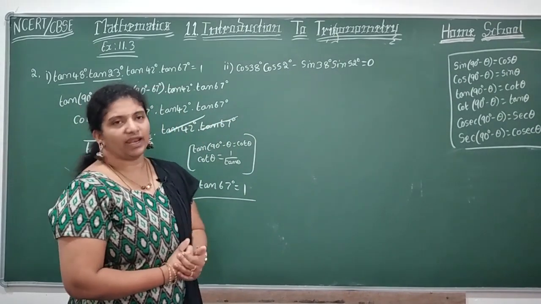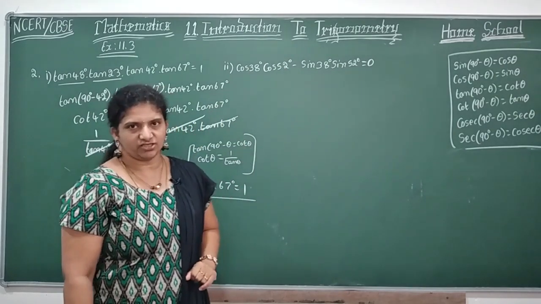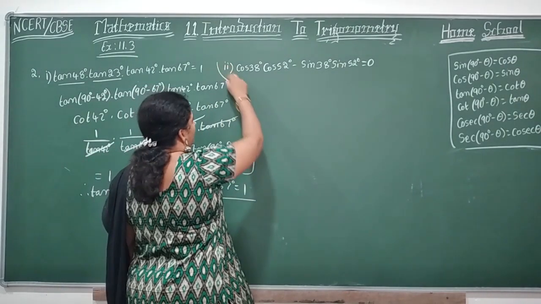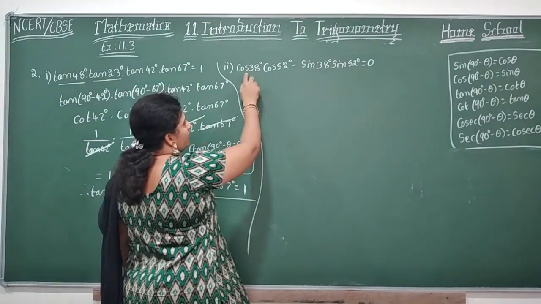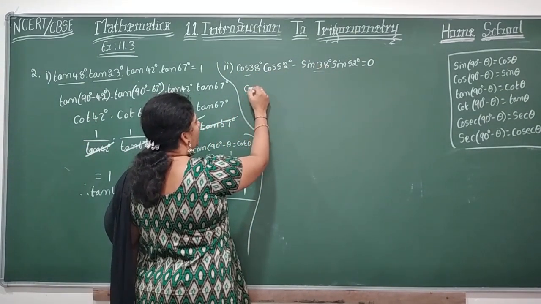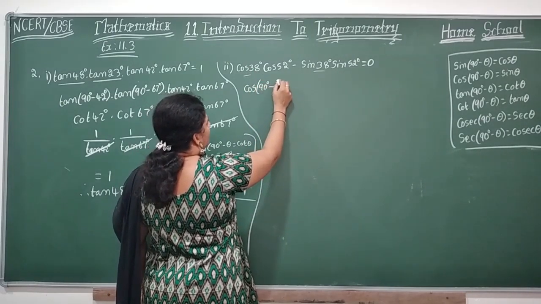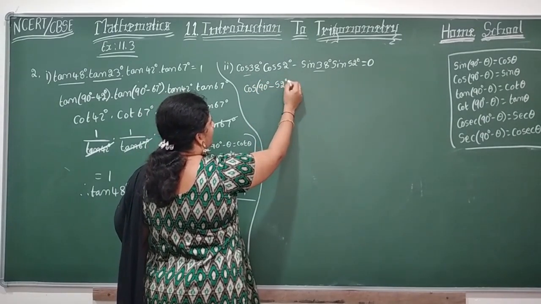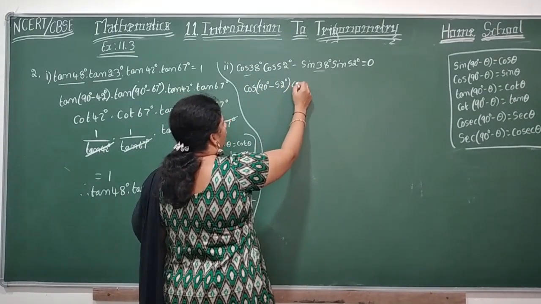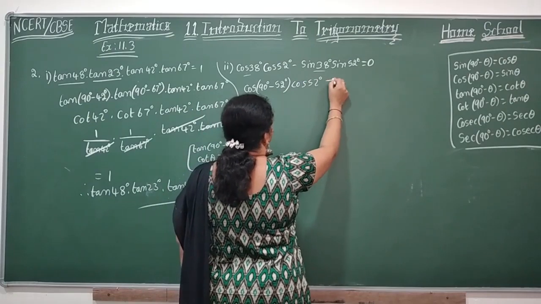Then how can I do this? Any one term in this you change. So here let me change only the first ones in these two, right? Cos 38, how can you rewrite this? Cos of 90 degree minus 52 degree into cos 52 degree minus.